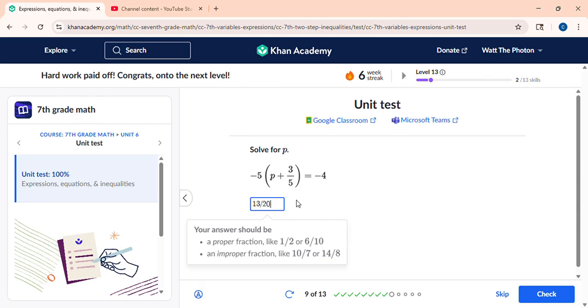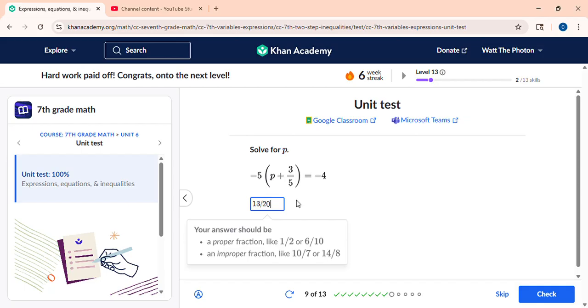Let's see how right we are. So 13 divided by 20, 3 divided by 5, plus this, times negative 5. I think I'm supposed to subtract.